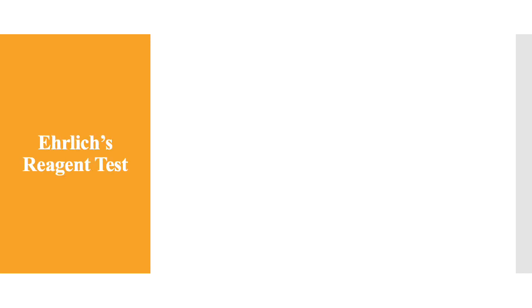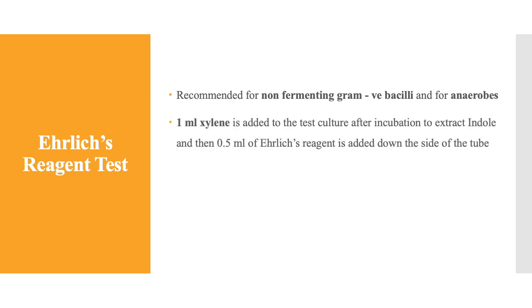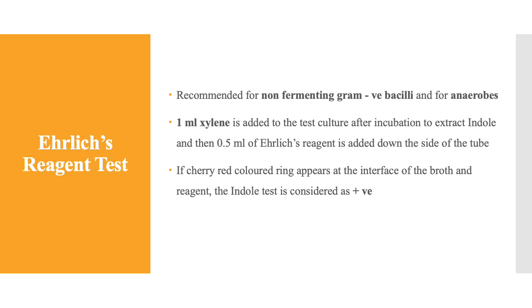Friends, when you want to differentiate or identify non-fermenting gram-negative bacilli and anaerobes, then the Ehrlich's reagent test is recommended. To perform this test, you add 1 ml xylene to the test culture after incubation so that the indole will be extracted in the xylene layer. And then you add 0.5 ml of Ehrlich's reagent from the side walls of the test tube.